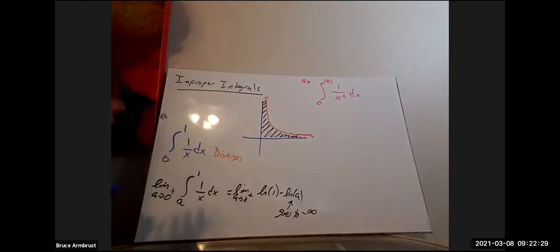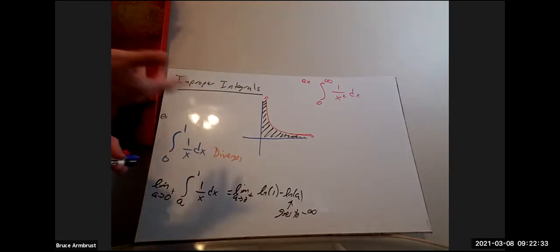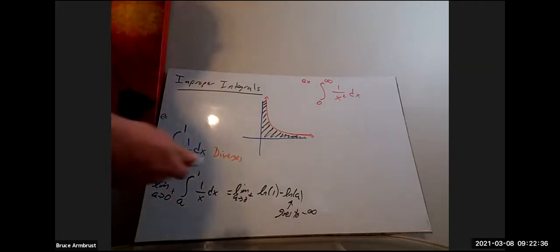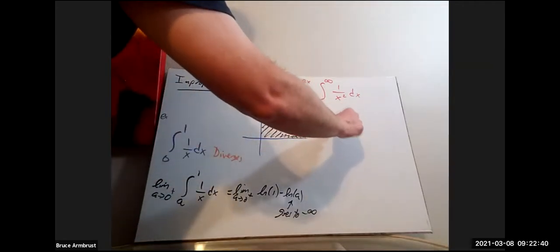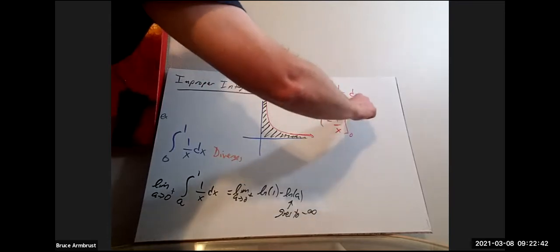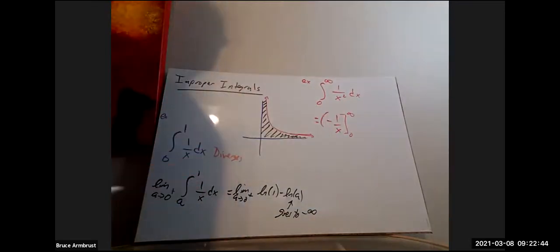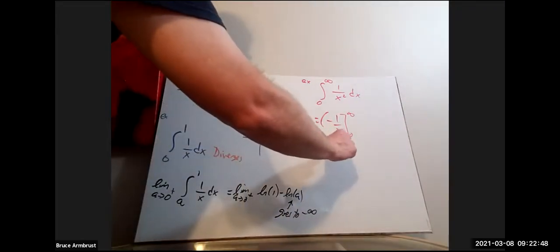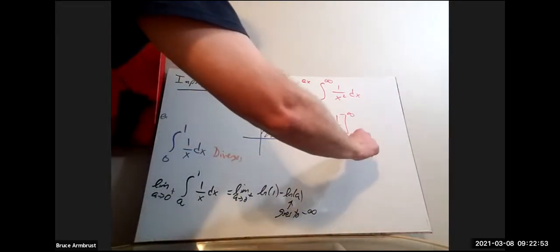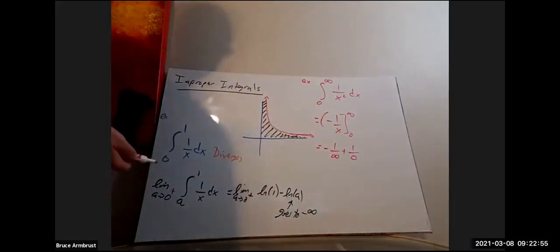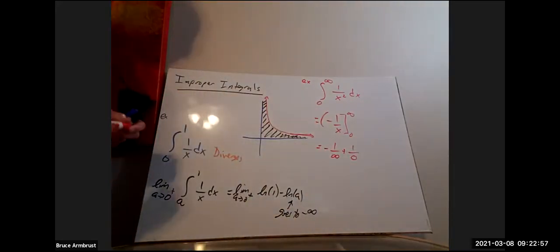We're still going to anti-differentiate. We're still going to plug in bounds. And then we're going to do limits. So I'm going to be lazy about it. Integrating this is going to give us minus 1 over x that we're going to evaluate at 0 and infinity. So that's going to be minus 1 over infinity plus 1 over 0 from the fundamental theorem.